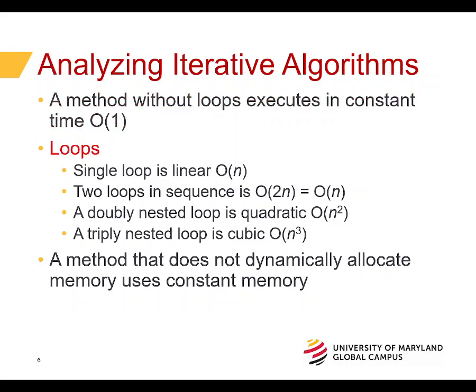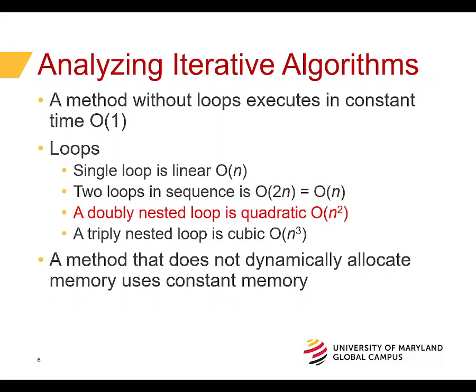Next, we consider the case when loops are present. A single loop from 1 to n gives linear behavior. This is what we saw in the case of the linear search. Putting 2 or more loops in sequence will increase the coefficient, but we already observed that coefficients are unimportant, so loops in sequence are still linear.